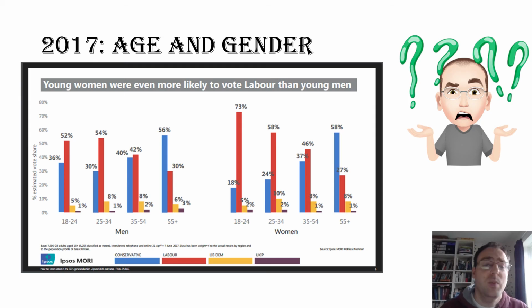So in 2017, if we look at this graph and we look at age and gender, then we can see that amongst men, the Labour Party performed better in the younger age groups, and the Conservatives better in the older age groups. It's even more marked with women voters, with a really, really strong difference between your 18 to 24s compared to your 55 pluses.